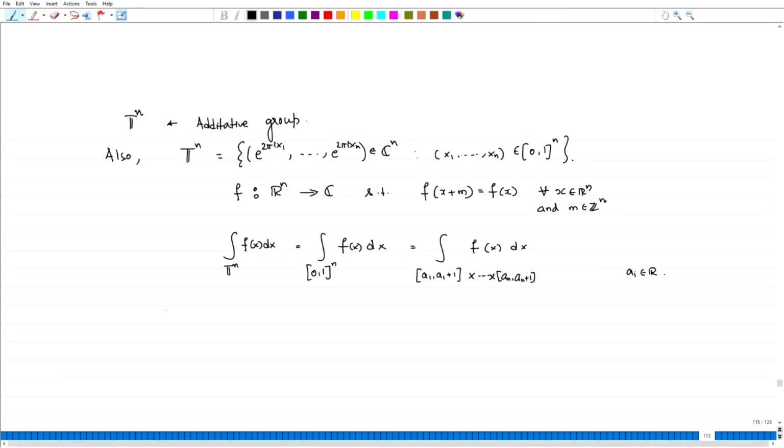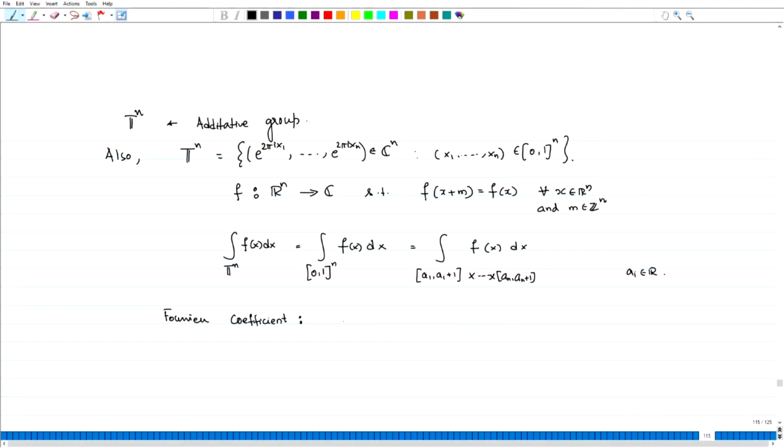Now, analogously we will define the Fourier coefficient. Suppose f is a continuous function. The Fourier coefficient, there it is defined on Z, and here we are going to define on Z n. Here the building block is going to be e to the power 2 pi i m dot x.